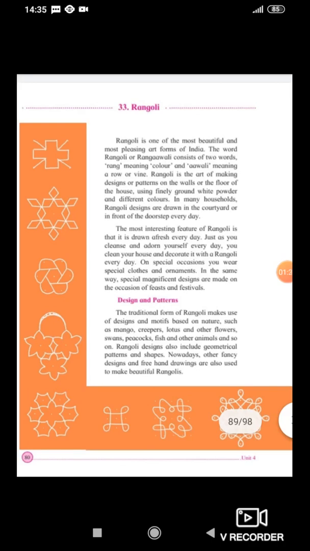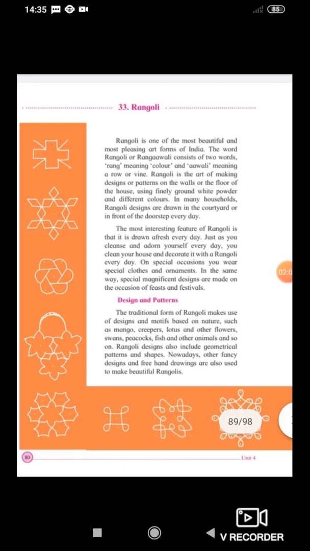So in most Indian houses, especially in Diwali or any occasion, you all draw rangoli in front of the doorstep.